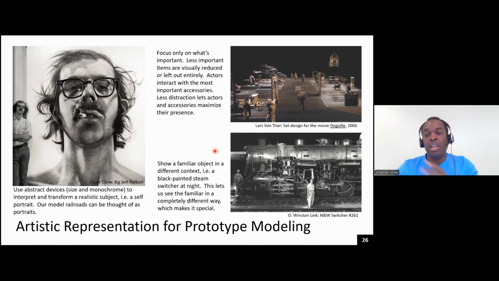In this case, taking a black painted steam locomotive and showing it at night, and somehow getting it to show up. That's the genius of somebody like Owen Stenlake. And that's another tool that we can use: take an everyday ordinary object and put it in a completely different context and see what happens. That makes it appear special, because we have to now see it in a different way, in a way that we could never see it before.